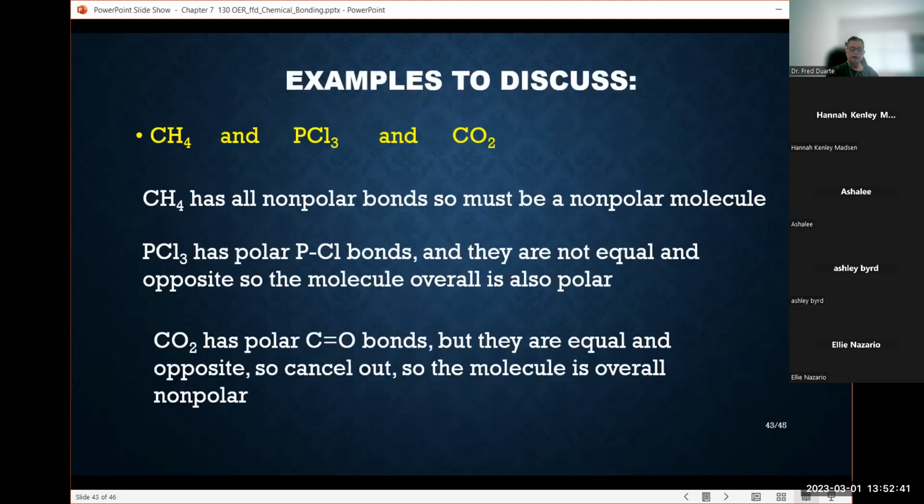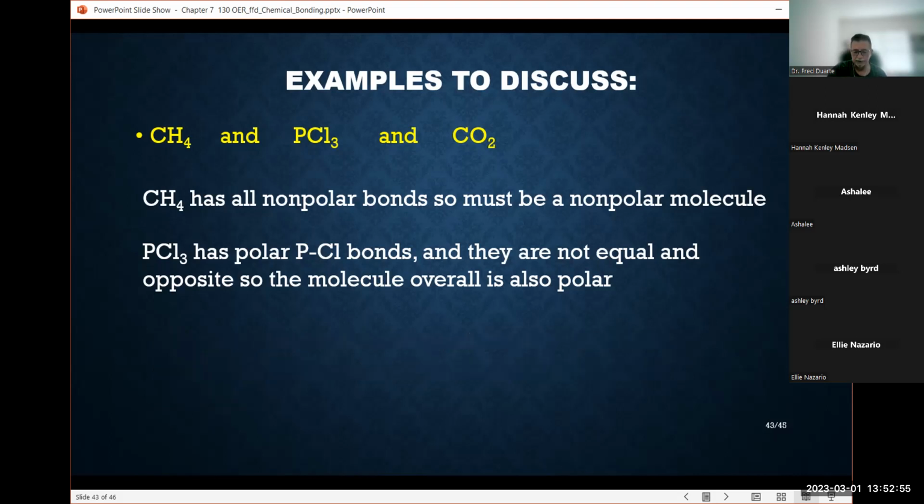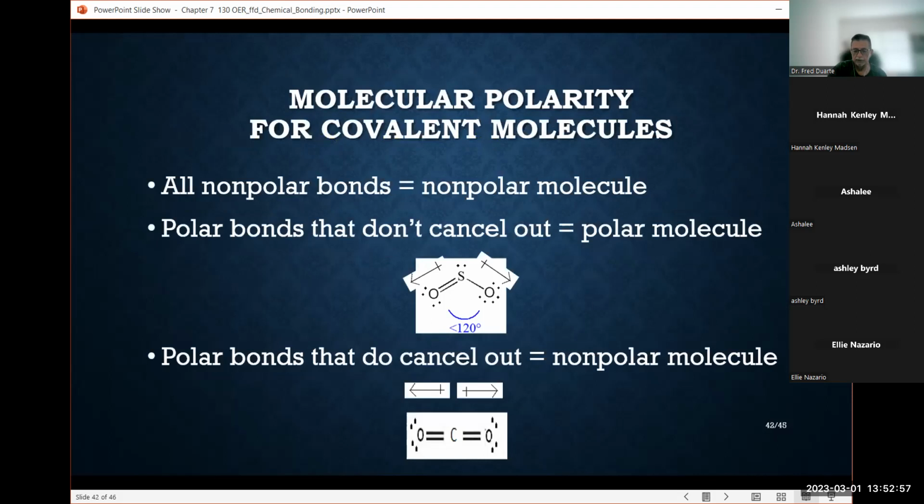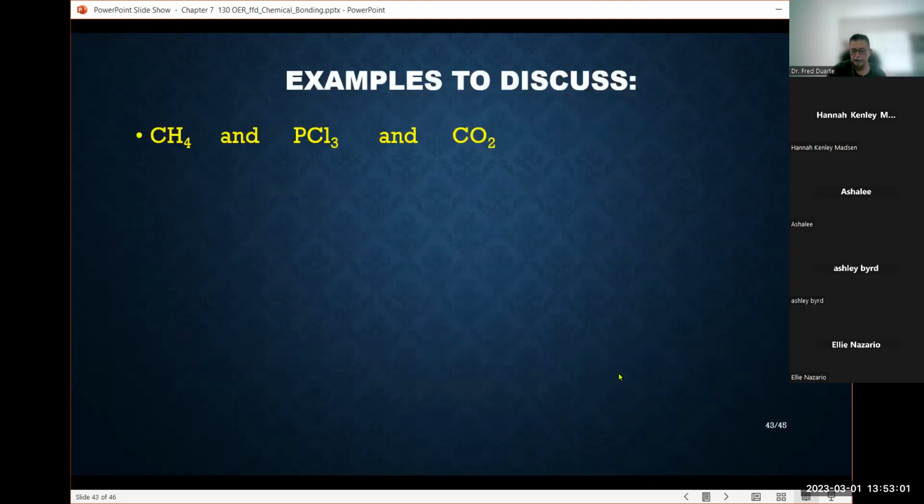We talked at length about these. CH4 has all nonpolar bonds, so it's a nonpolar molecule. Now PCl3. We talked about carbon dioxide. Carbon dioxide, obviously, you can see they cancel out, so the polar bonds cancel out and you end up with a nonpolar molecule.